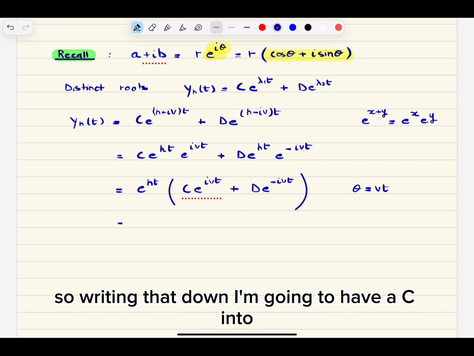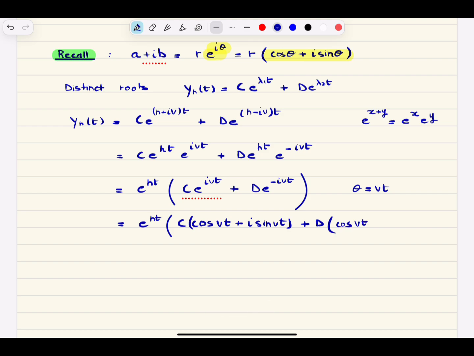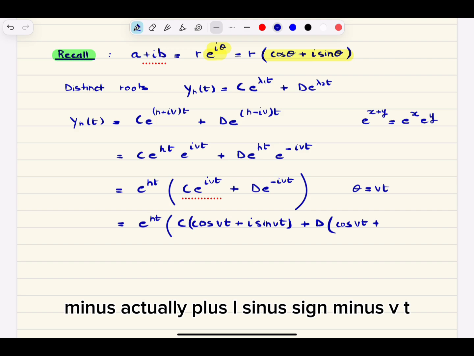So writing that down, I'm going to have C into cos vt plus i sin vt, plus D into cos vt plus i sin(-vt).